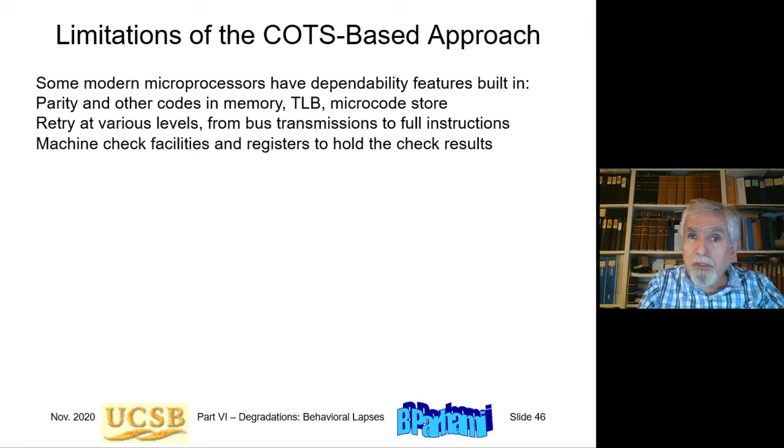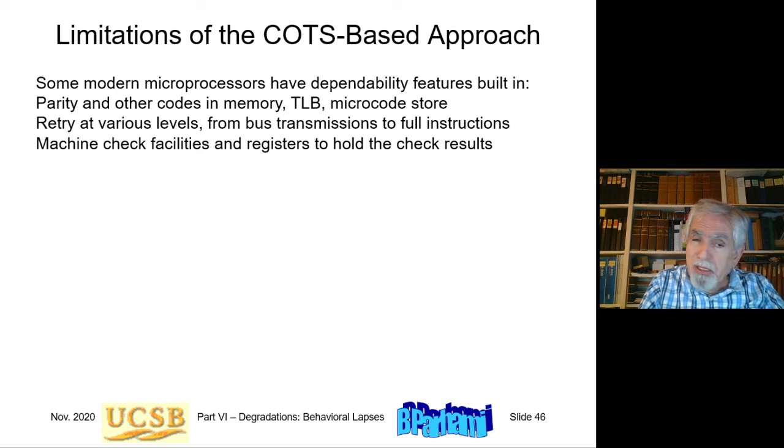Of course, the commercial off-the-shelf approach has a lot of limitations, because you may or may not be able to build fault tolerance features on top of something that has already been built and that you had no control over. So various approaches like coding, like parity codes and so on, are used in some of these systems.